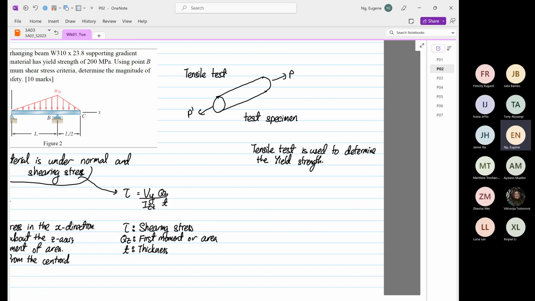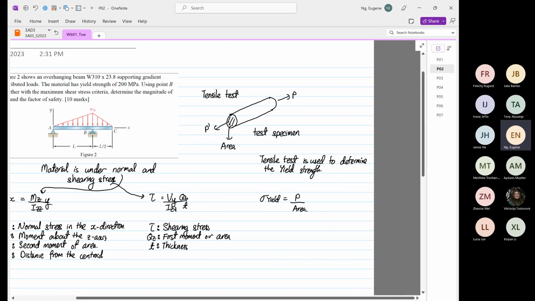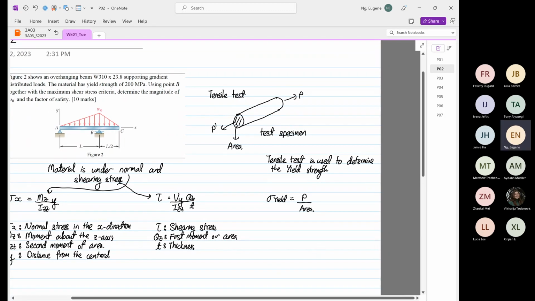I write stress yield is equal to P divided by area. So this over here is the area. So the interesting thing is, on the tensile test, you only see what? For this case, we call it axial loading.